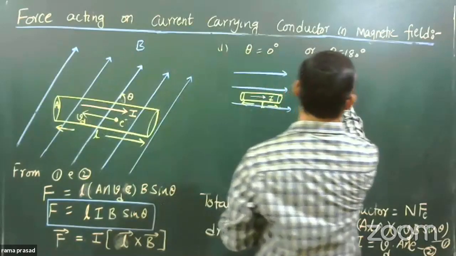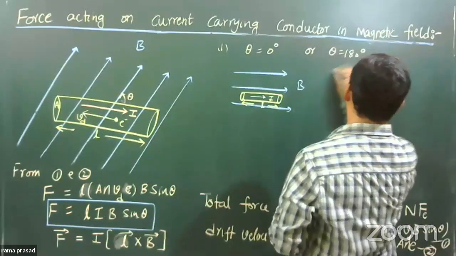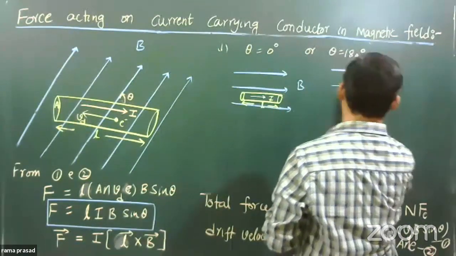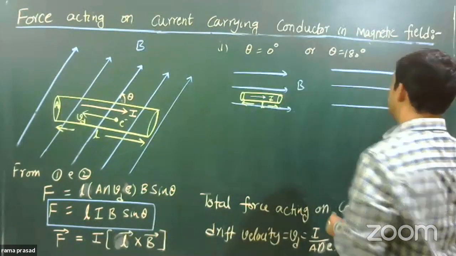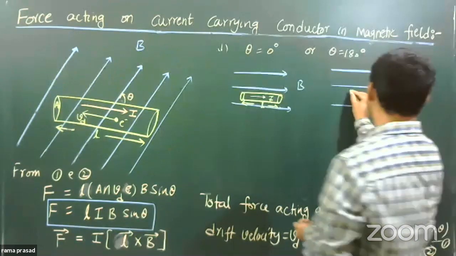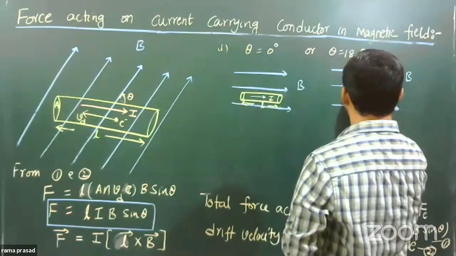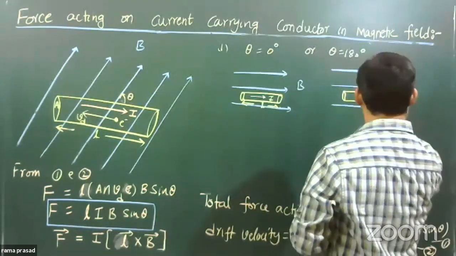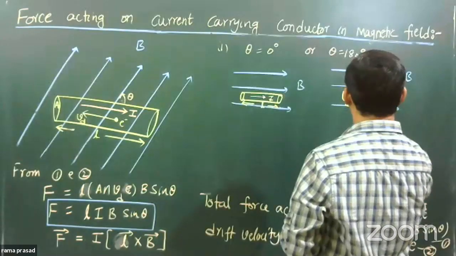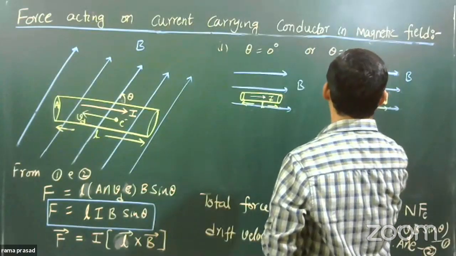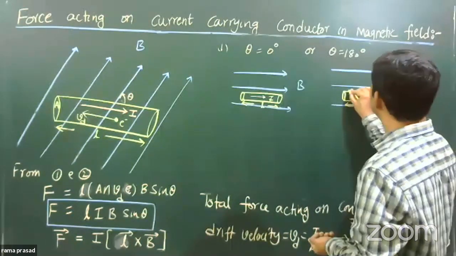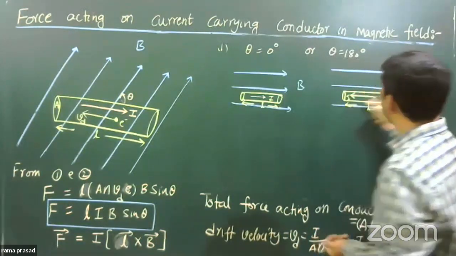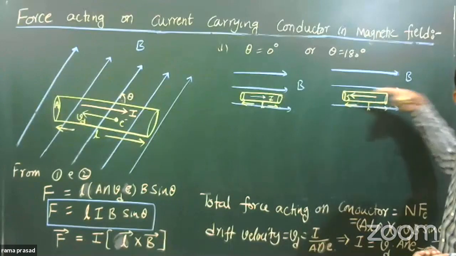Second case. This is B. You place the conductor in the field, parallel. Current is flowing in this direction, opposite to the direction of the field.